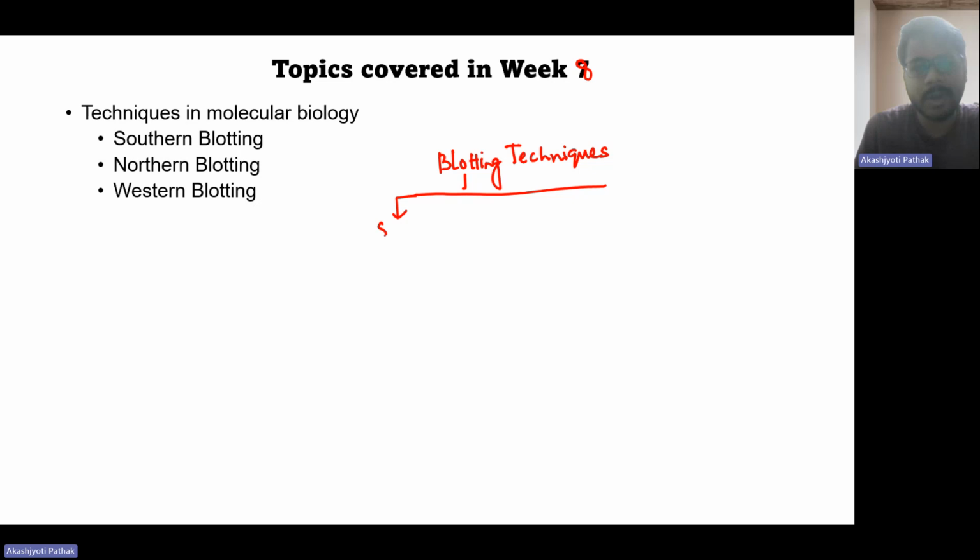One is Southern blotting. Second is Northern blotting. Third is Western blotting.